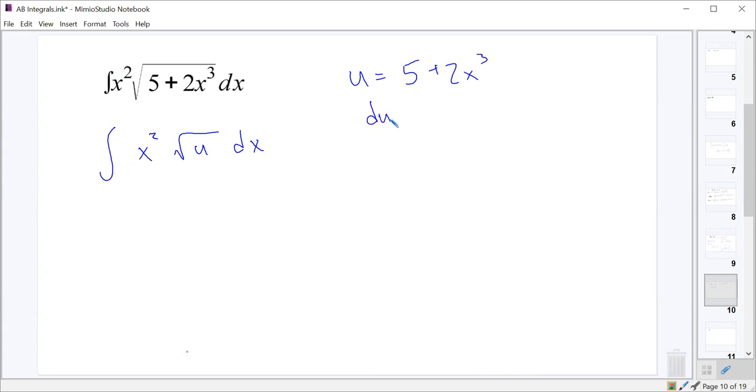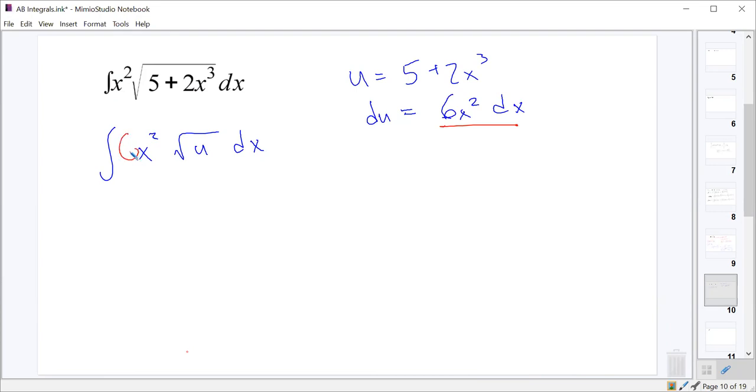So let's figure out what du is. U is 5 plus 2x cubed. Du is 6x squared dx, right? And do I have a 6x squared dx over here? There's an x squared dx, but not a 6x squared dx.